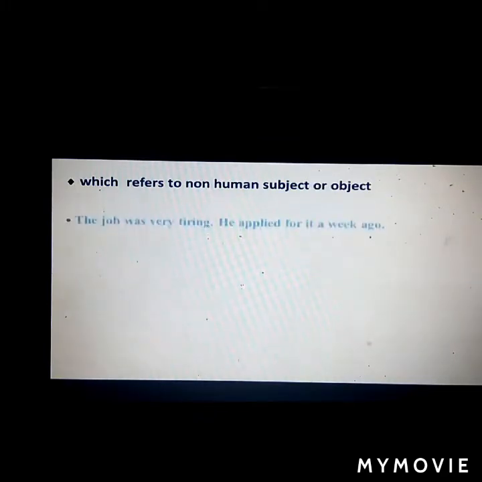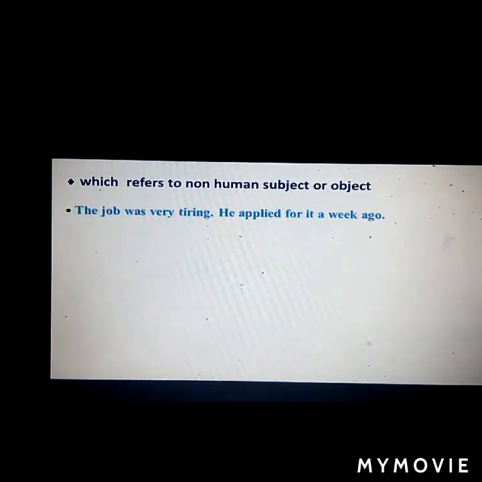Which refers to non-human subject or object. Which استخدمها مع فاعل أو مفعول غير عاقل. فاعل بداية الجملة أو مفعول اللي هو بعد الفعل بس يكون غير عاقل. The job was very tiring.